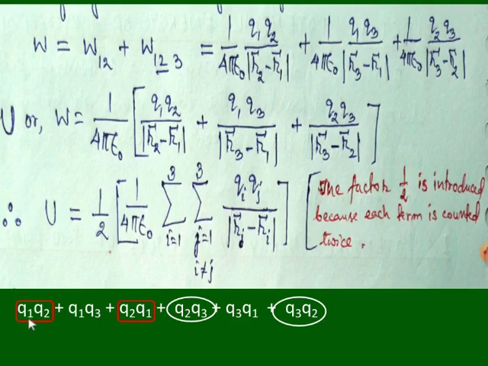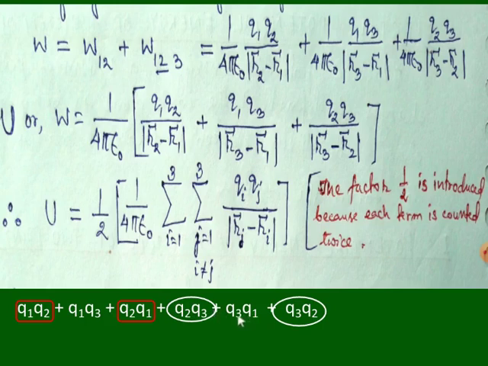So we start from Q1 Q2, then Q1 Q3. For i equal to 2, then Q2 Q1. I cannot take Q2 Q2 next, so rather I have to take Q2 Q3. Got it?